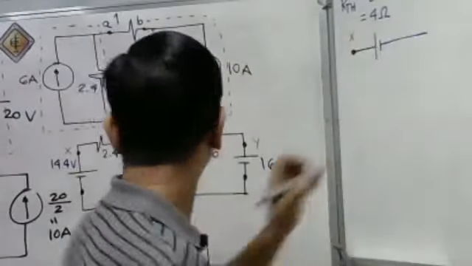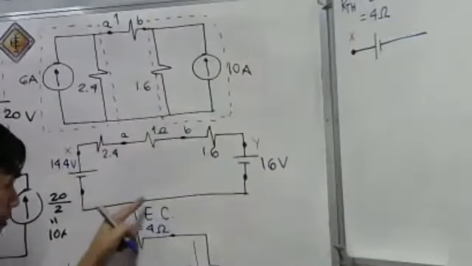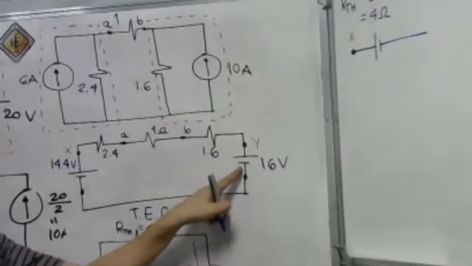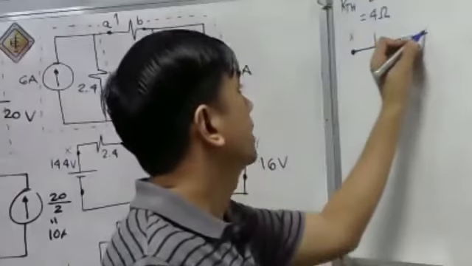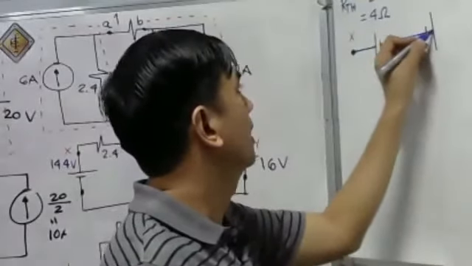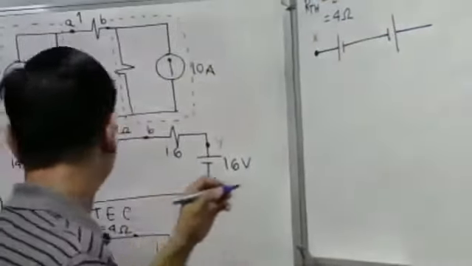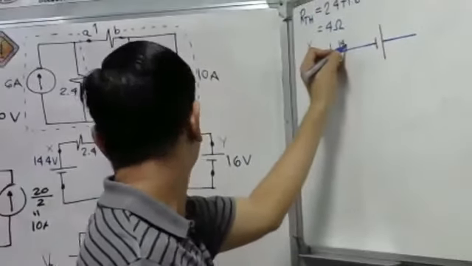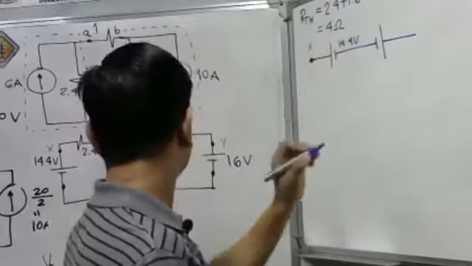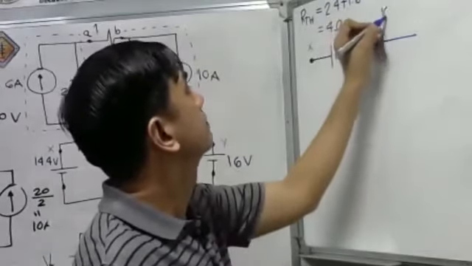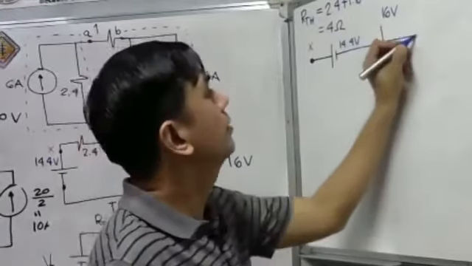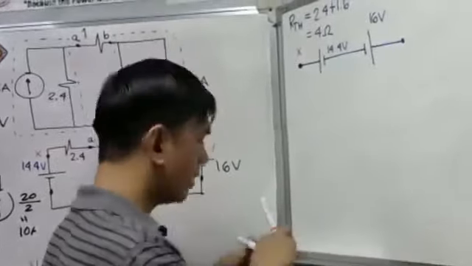And then the negative terminal of the battery, if you trace it, is connected to the negative terminal of the 16 volts. So therefore, negative. This is 14.4 volts. This is 16 volts. And this is our point Y.